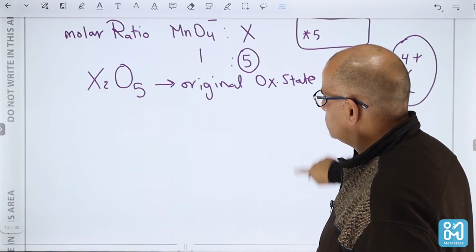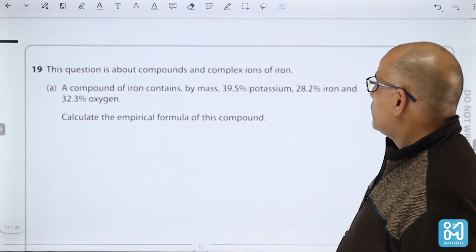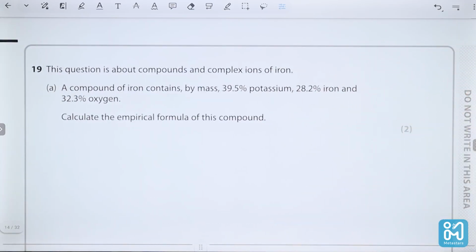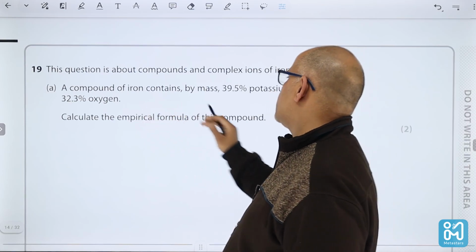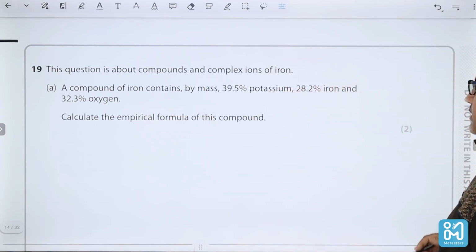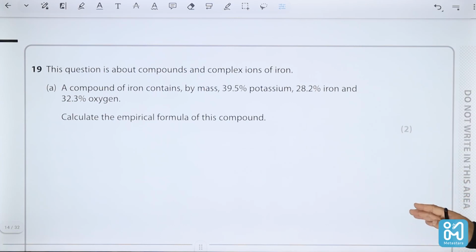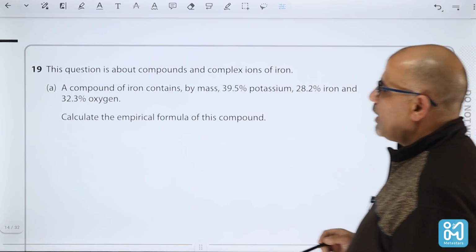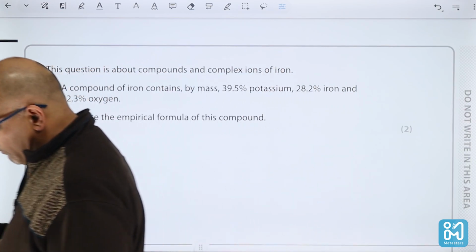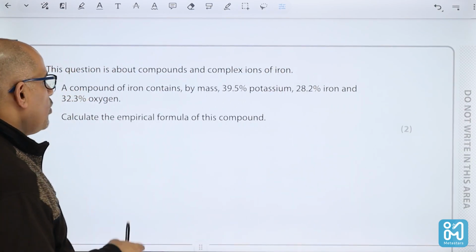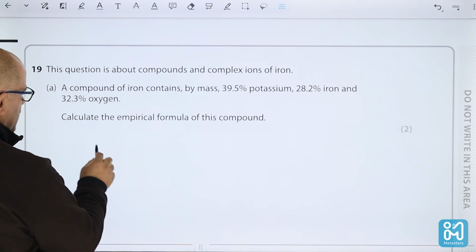Okay, now for the next question, this question is about compounds and complex ions of iron. A compound of iron contains by mass 39.5% potassium, 28.2% iron and 32.3% oxygen. Calculate the empirical formula. To find the empirical formula, you find the number of moles of each element.